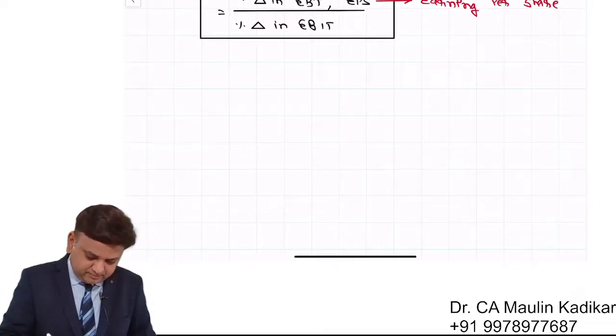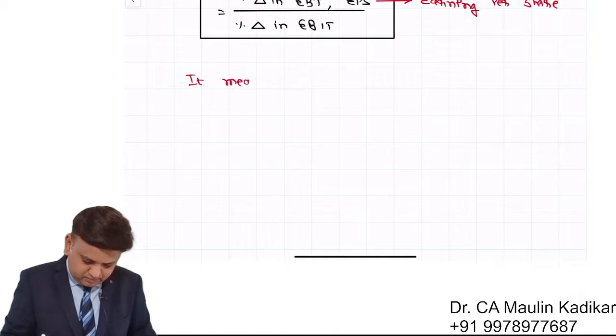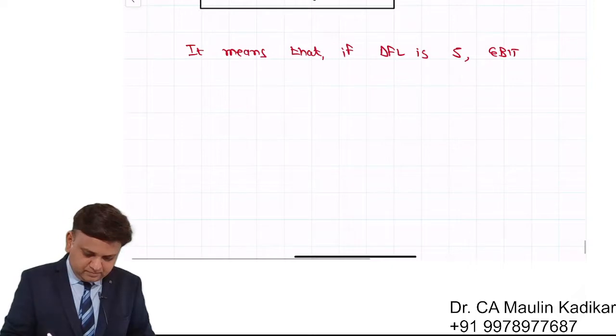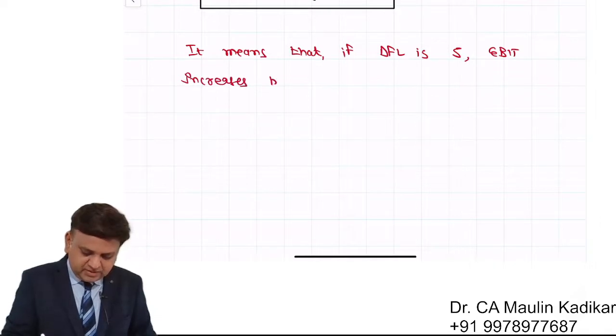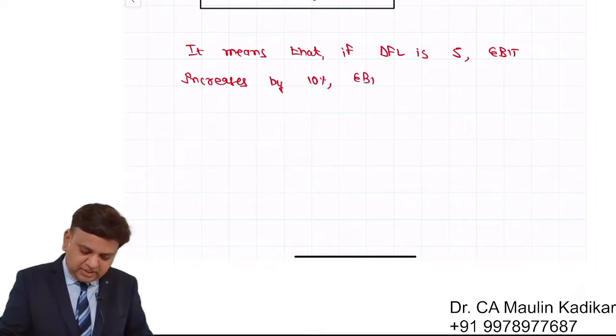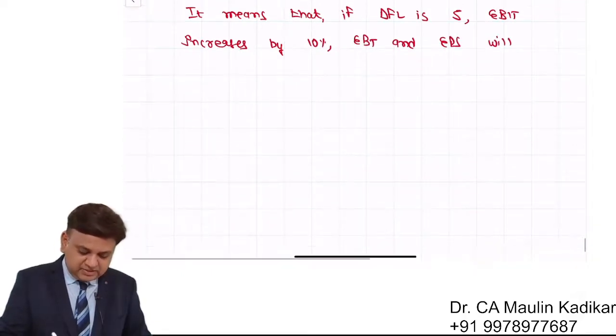It means that if DFL is 5, and EBIT increases by 10%, EBT and EPS will increase by 50%.